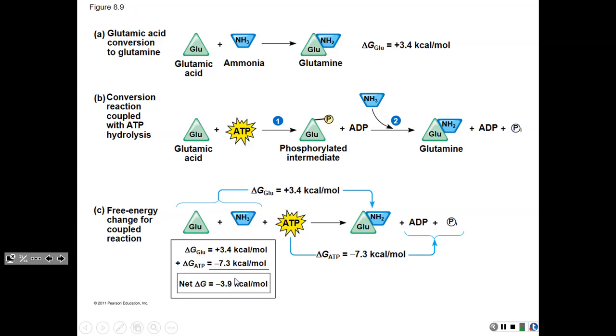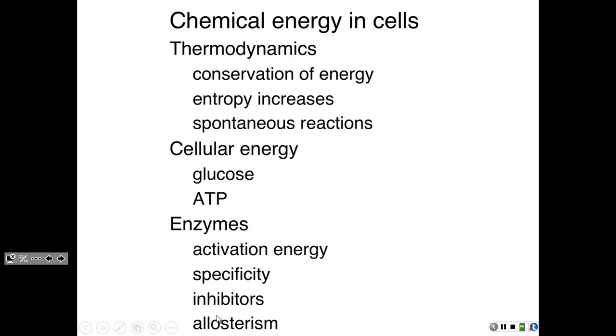It only takes place because living things facilitate it. They link that unfavorable chemical reaction to one that is energetically favorable, and at the end of the process, nature's happy because entropy has increased, and we're happy because we've got the reaction that we think is going to help us also taking place. So that's how the math of the thermodynamics aspects of this all works out.